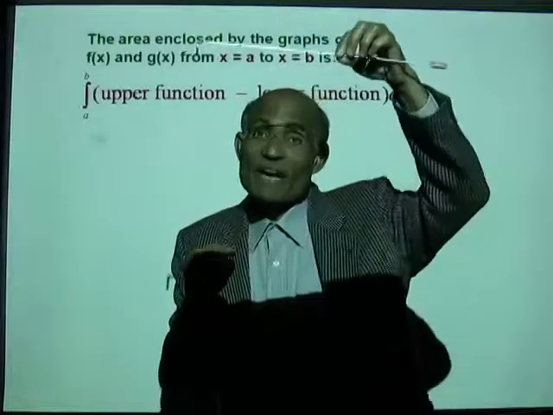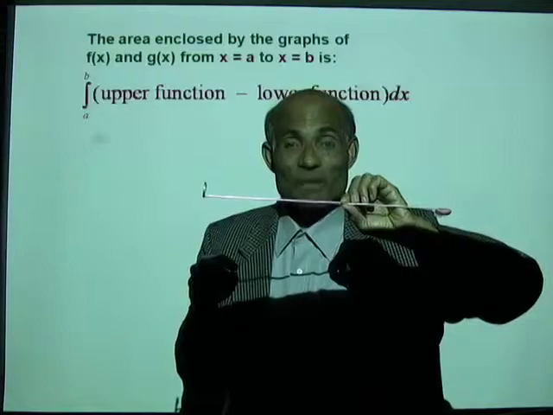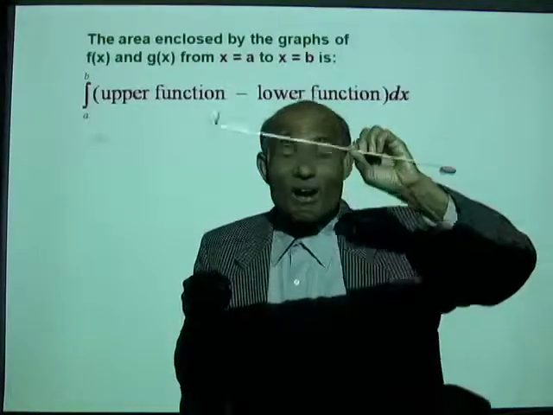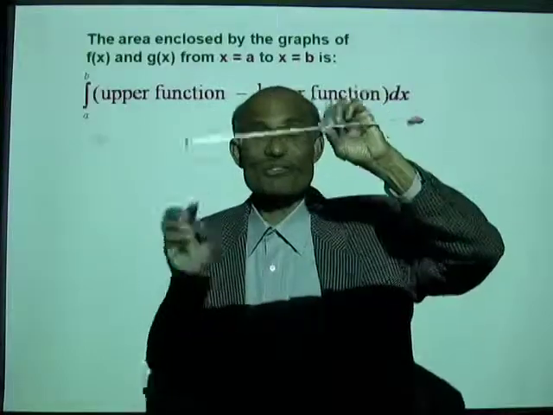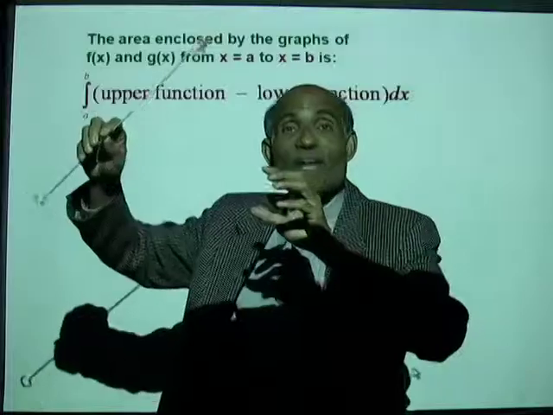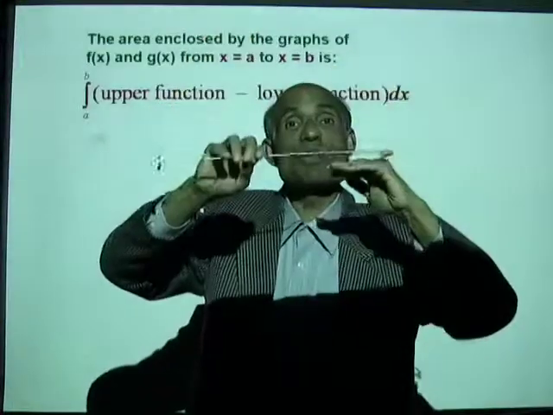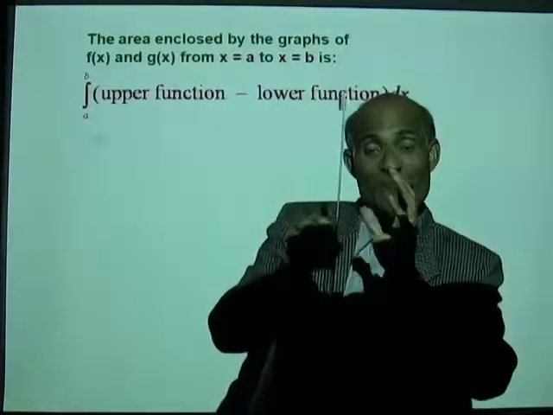If functions of x are upper function and lower function, because the functions of x are expressed in terms of y along the vertical axis, then functions of y will be along the horizontal. Then instead of the upper and lower, you have the right function and the left function.